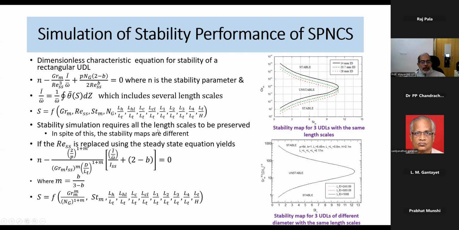But when we actually did, we made exactly the same loop, 3 different loops, and then we actually plotted GRM versus STM. Then we found that they are different, although the length scales are the same. But then what we did was, we have RESS given as the steady state parameter. It's a steady state equation.